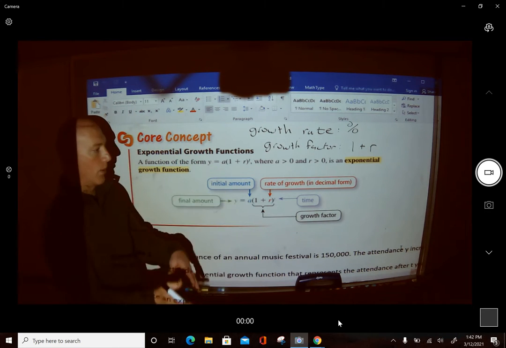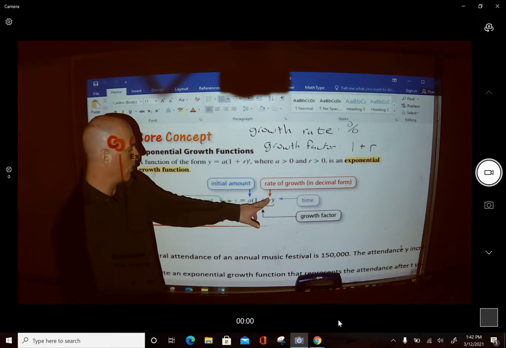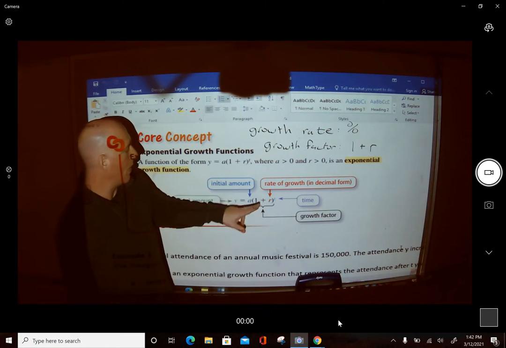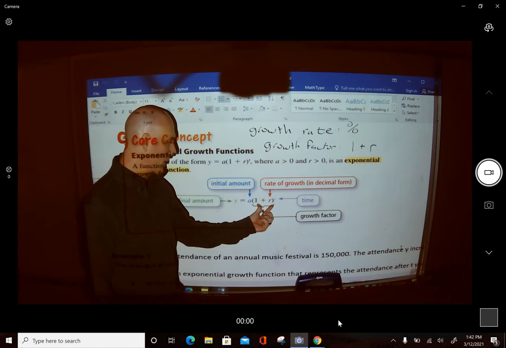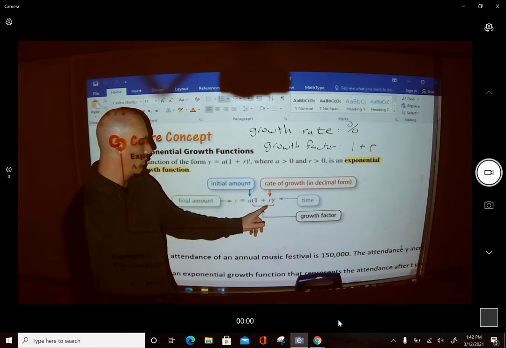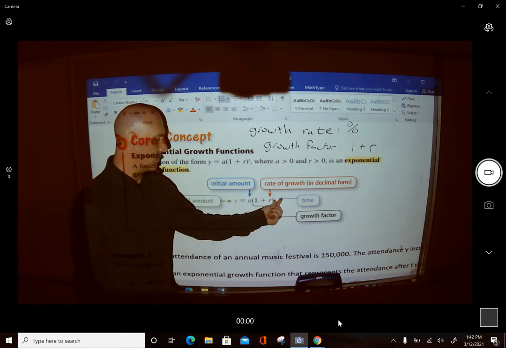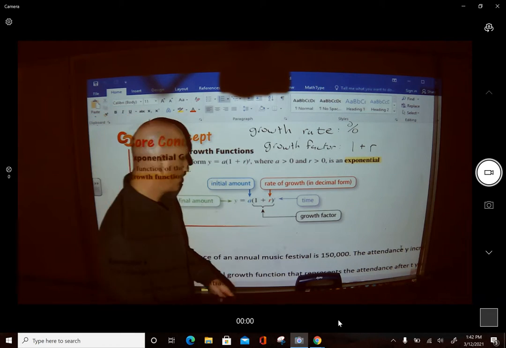It's not doubling or tripling, so we don't have a factor. We have a growth rate. You take that rate, add it to 1. That now becomes what used to be b. You see how that's the growth factor? So 1 plus the rate is the factor. The initial value times your factor to the number of times grown.